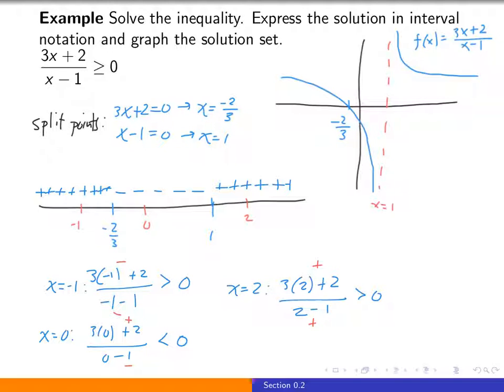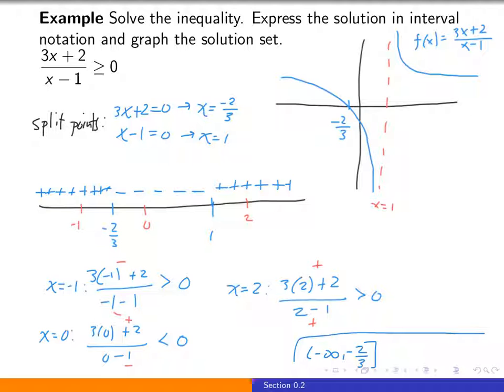And once we've indicated via these pluses and minuses where the expression will be positive or negative, we can go back to the original question and summarize our solution. We would like to know where it is bigger than or equal to 0. Well, it will be positive from minus infinity to minus 2/3, and it is equal to 0 at minus 2/3, so we include that.